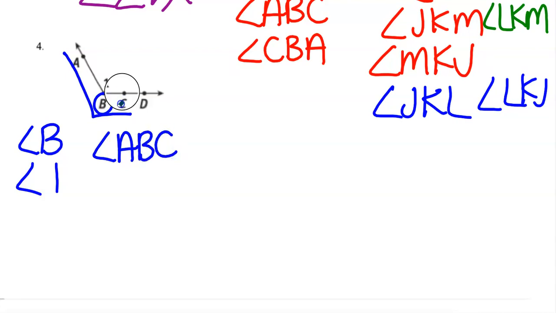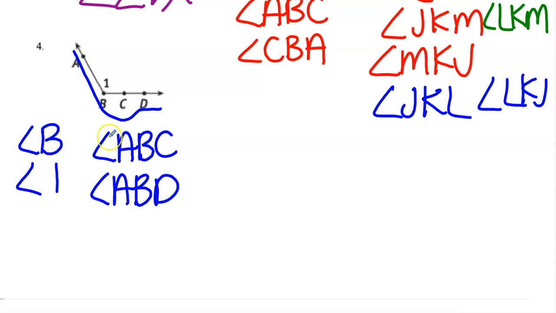You can also skip over C and say A, B, D. Angle A, B, D. So you just need 1 point on the left side, the middle, and then 1 on the right. You get to pick. So it could be C or it can be D. All right? I can now go the other way, the reverse, and say D, B, A.